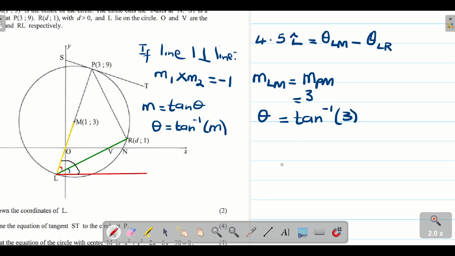Then we need the gradient of LR so that we can find the angle of inclination of LR. Let me just write that this is for LM. So now we need the gradient of LR.